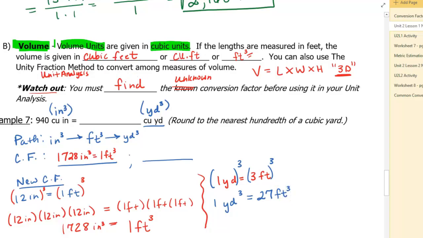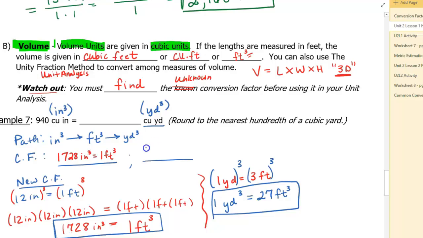So 1 times 1 times 1 is still 1, but 3 times 3 times 3 gives you 27. So we have 27 feet cubed is equal to 1 yard cubed.